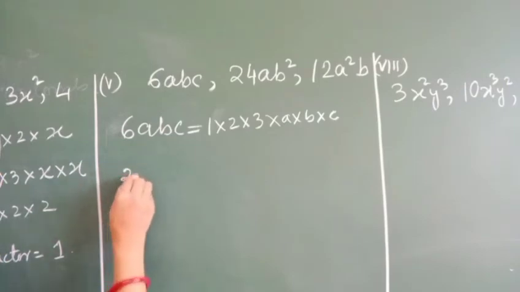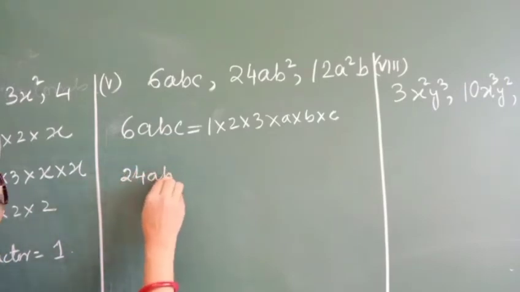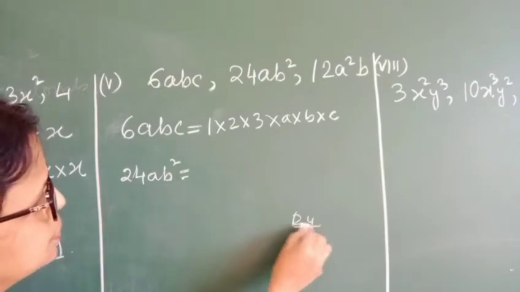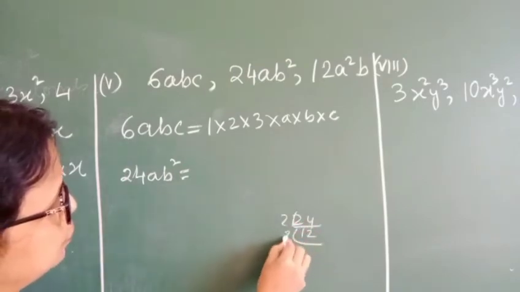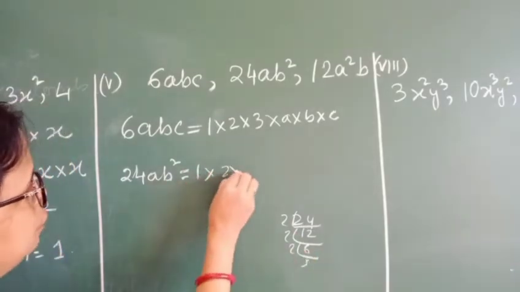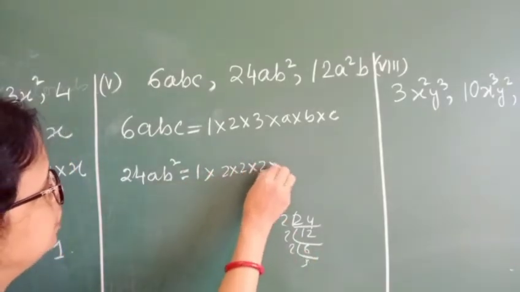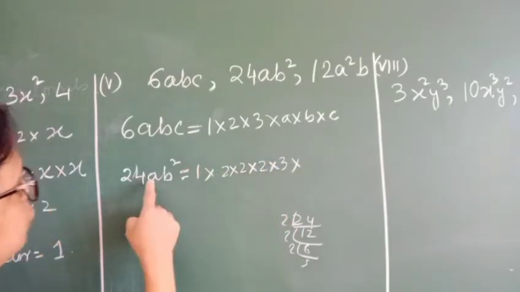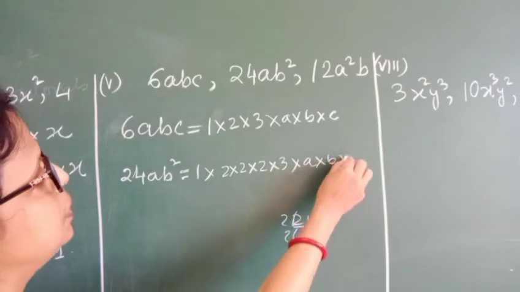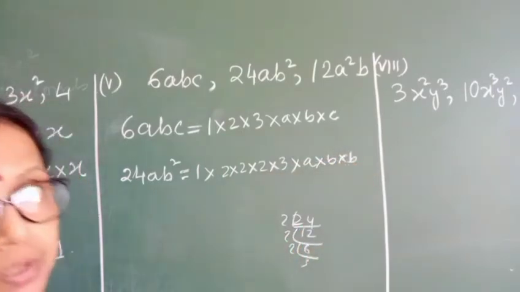Now 24ab square: 24 means 2, 12, 2, 6, 2, 3. So 1 into 2 into 2 into 2 into 3. Then 1 a is there, so a, and 2 times b, so b into b.